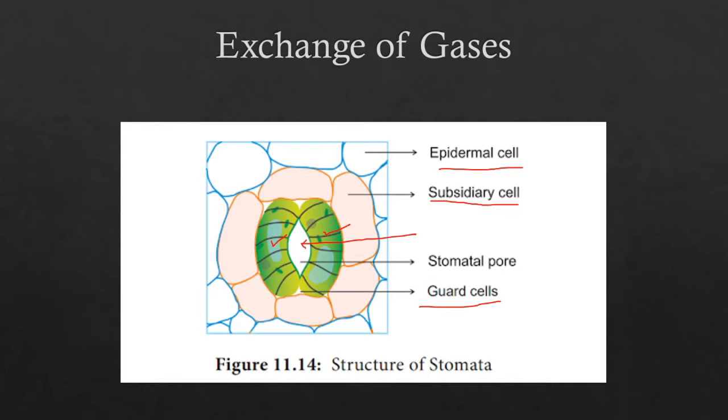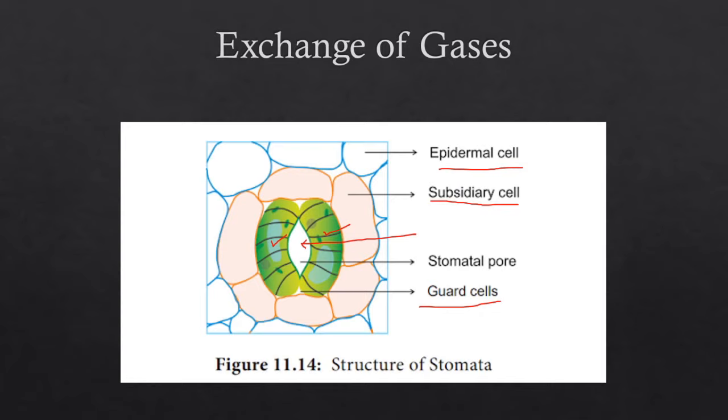Now question is, why do you think the plant needs to close the stomata? Now there is a process called transpiration. Transpiration refers to the process of loss of water from the aerial surface of the plant, that is from the surface of the leaves, to the atmosphere in the form of water vapors.